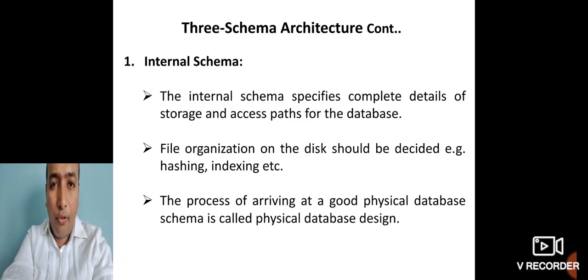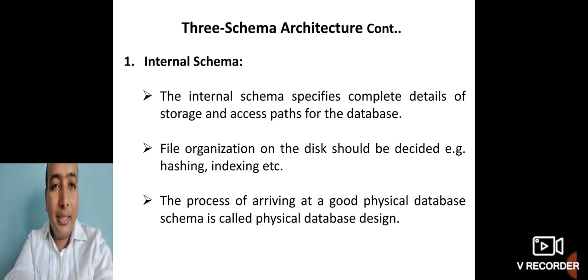Okay, now we found that data has been stored there. We need to access that, isn't it? So for accessing that, we have different access paths. You will learn the different access paths in your unit number 3 here. So what type of access path is being used by your database management system? Those details will be stored in which schema level? Yes, it is in your internal schema level.